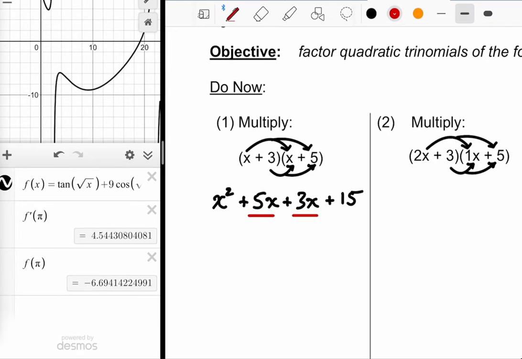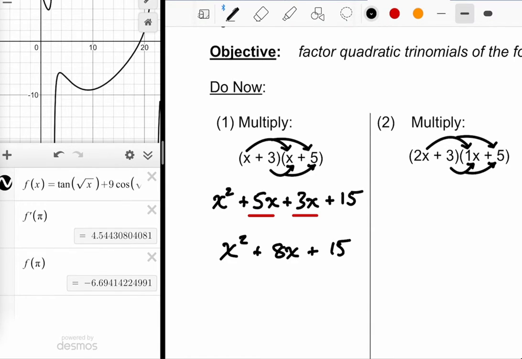So the x terms basically. And so when we would go to factor it, it would be: what are two numbers that multiply to 15 that add to, in this case, 8 if you simplify. So if we were going the other way, that's how we would think about it.